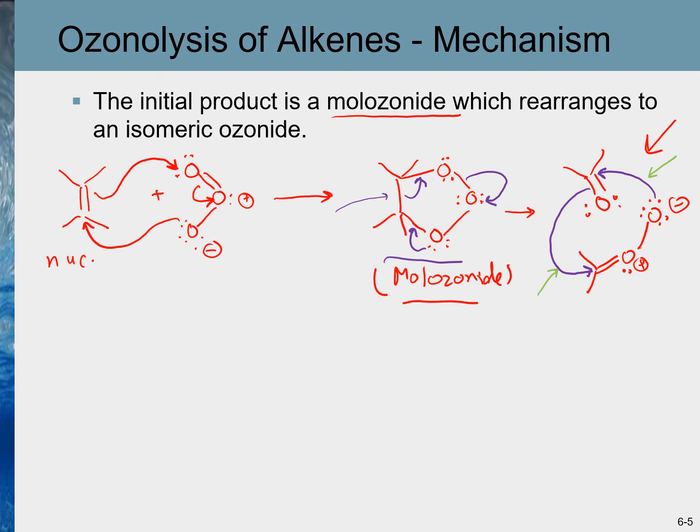So we should be very careful how we describe our curved arrows, and this curved arrow shows that the pi electrons from the carbon-carbon double bond are moving to oxygen. After this rearrangement, we will get an ozonide. So ozonide is a five-membered ring structure.